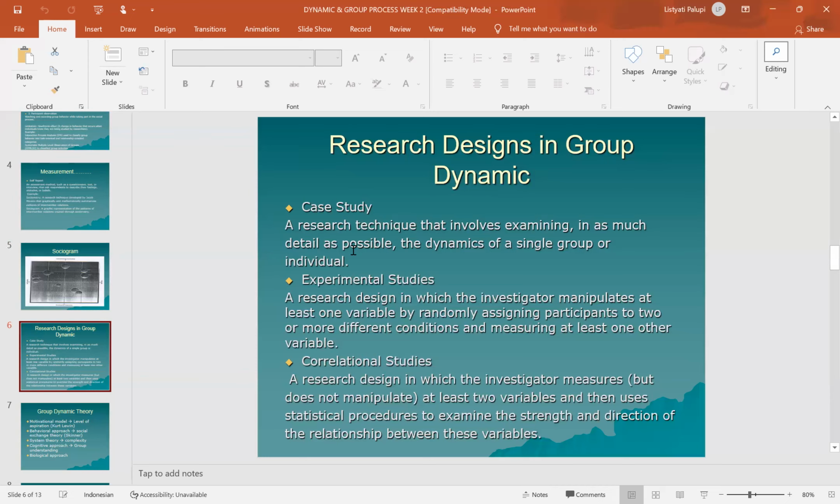While they were waiting for help from the rescue team, they formed a group. In this case study, it is learned about group formation, about norms, about roles, and also about leadership.